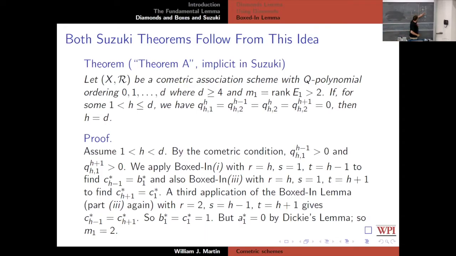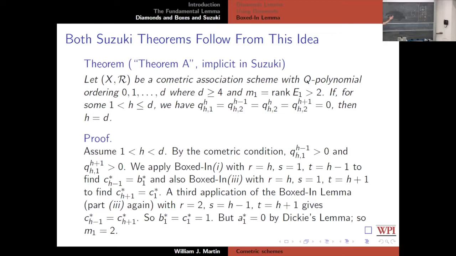It's boxed in, left and down tells me that B1 star is equal to C1 star, so column 1 is equal to BH minus 1 star. Is that right? No, I think I said it backwards. Apologize. This should be correct. And now if I look at this entry instead, this is boxed in over here and here, and I get a C equal to another C. CH plus 1 star is equal to C1 star.